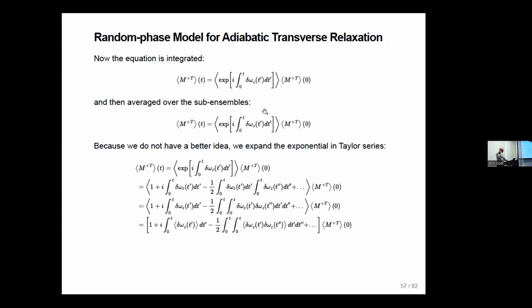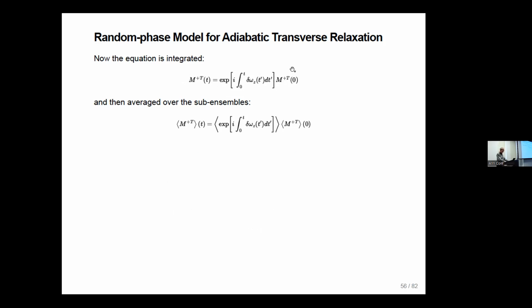I've already made a first assumption. I snuck it past you, that the ensemble average of the initial magnetization doesn't depend on the ensemble average later in time. So I've split the ensemble average into two parts.